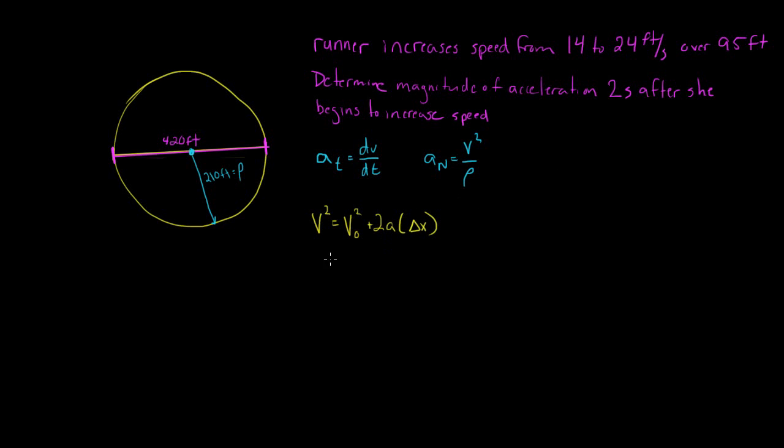We know the final velocity is 24 feet per second, the initial velocity is 14 feet per second, and the change in x is 95 feet. We don't know the tangential acceleration, so we can solve for a sub t, and we get a tangential acceleration of 2.02 feet per second squared. So that is this part right here.